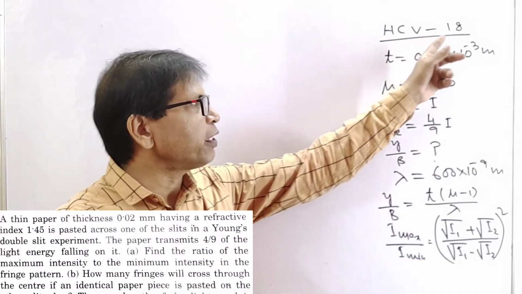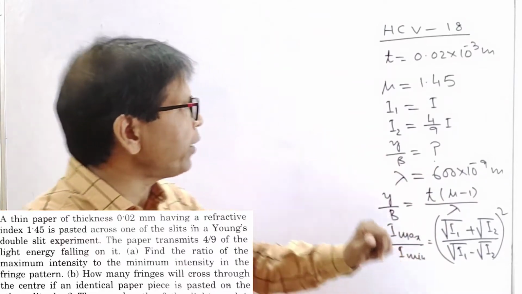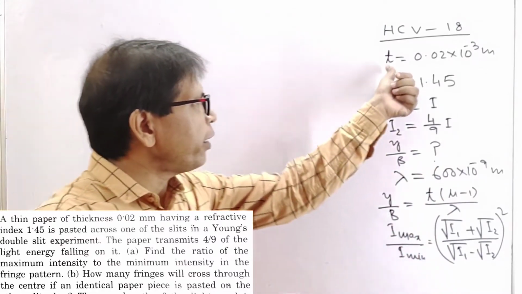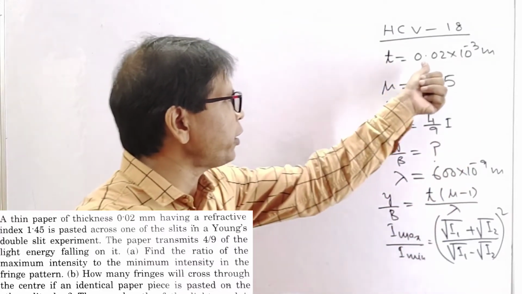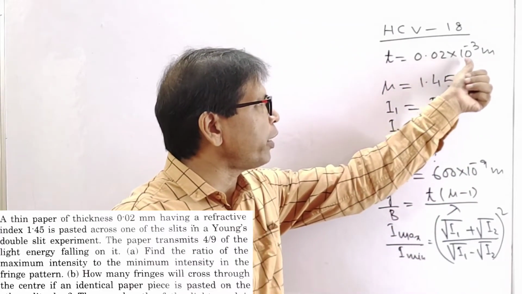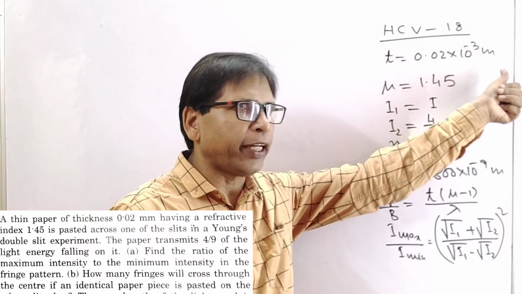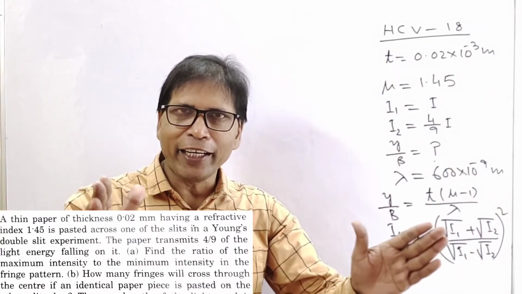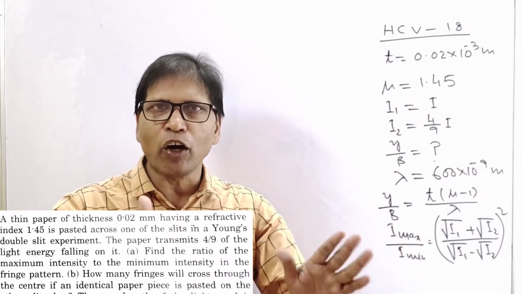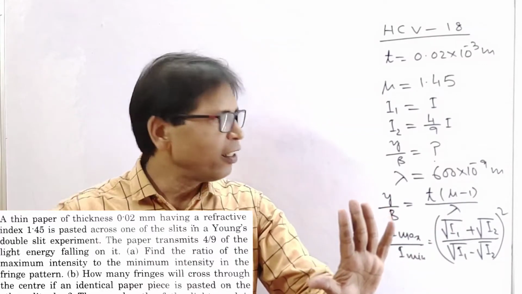Now H.C. Verma sum number 18 of wave optics. Now look at this. A thin transparent sheet of thickness 0.02 into 10 to the power minus 3 meter and refractive index 1.45 is placed at one slit of YDSE.